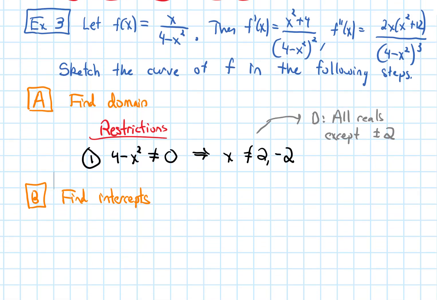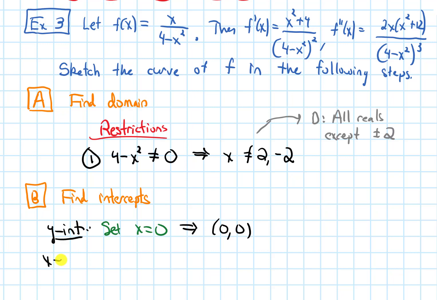Let's do the y-intercept first. That's usually easier. We find this by setting x equal to 0. I'm going to skip that step, but if I plug it in, I'll get 0. So the y value will be 0, and we end up getting the point (0, 0).